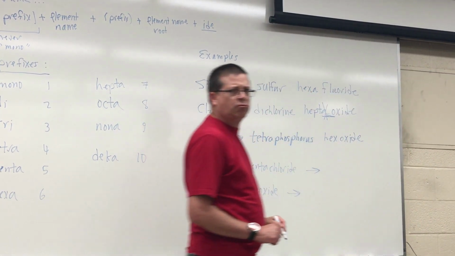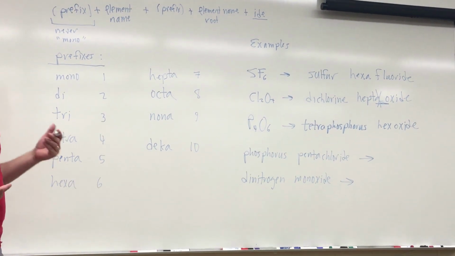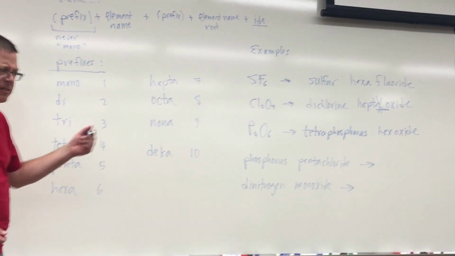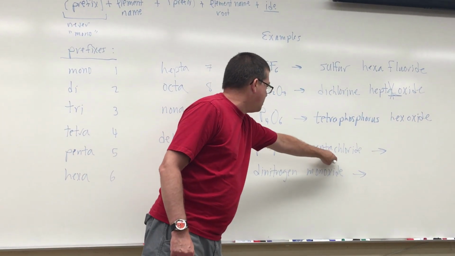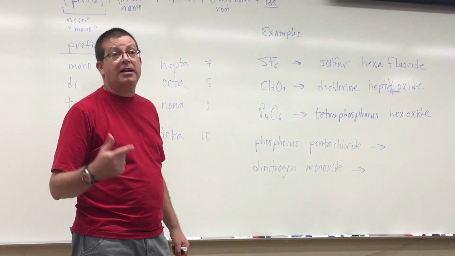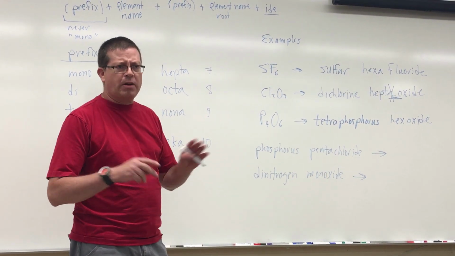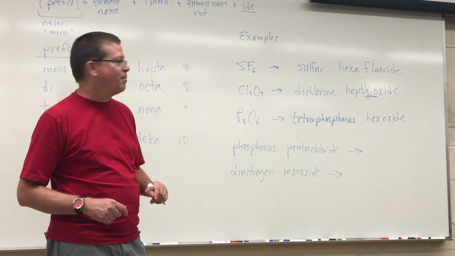All right? So now, let's see if we can go in the other direction. We also need to be able to go from names back to formulas. And this is actually quite easy because, again, not only do we know from the name what elements are involved, but the prefixes tell us how many of each element are involved. So we don't have to worry about, for example, charge balancing like we do in the case of ionic compounds.